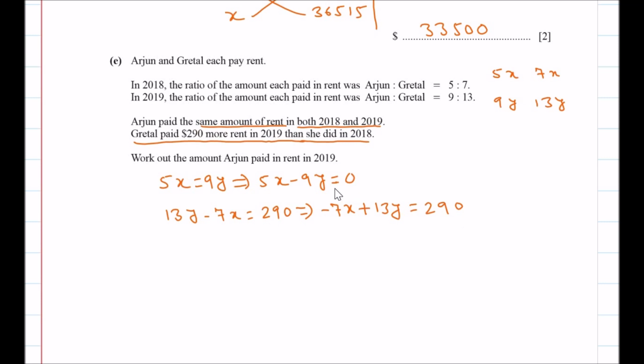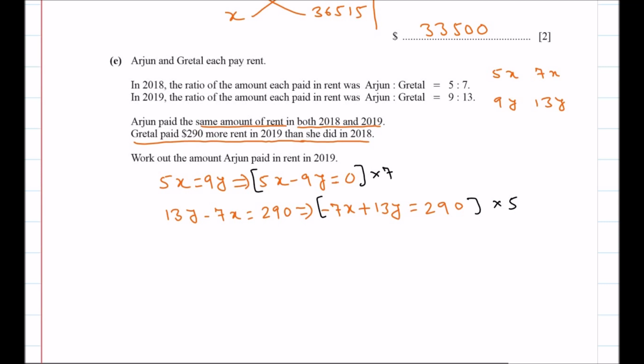So we can solve these simultaneously by the elimination method. So let us do that. I am going to eliminate the variable x. So I'll be multiplying equation number 1 by 7 and equation number 2 by 5.